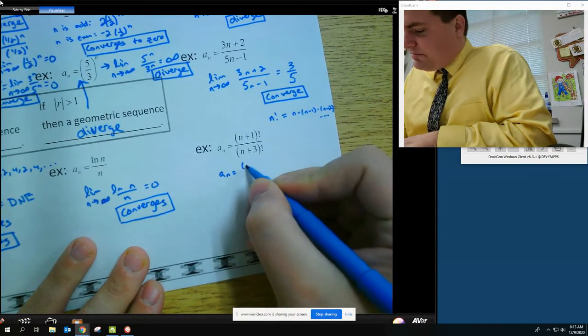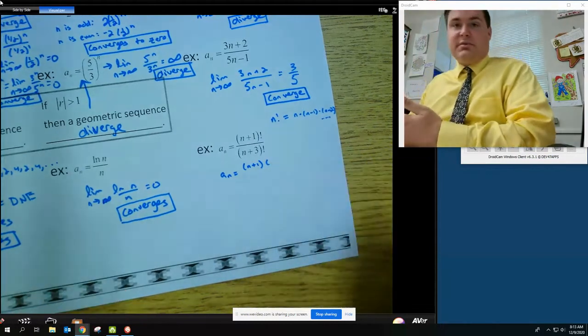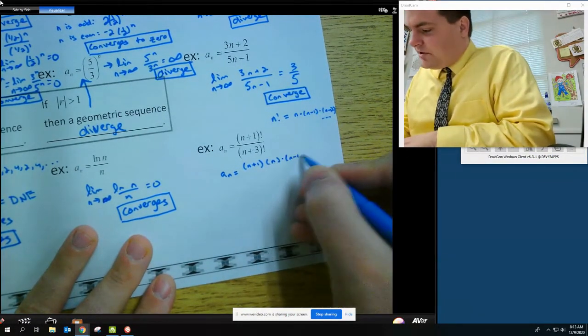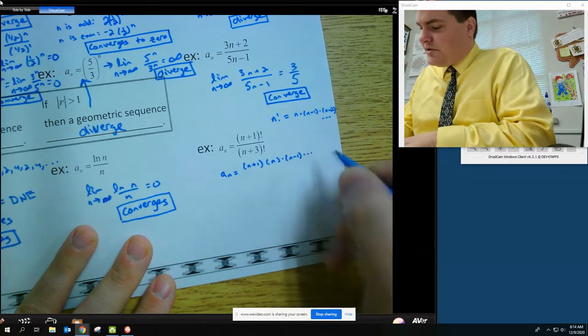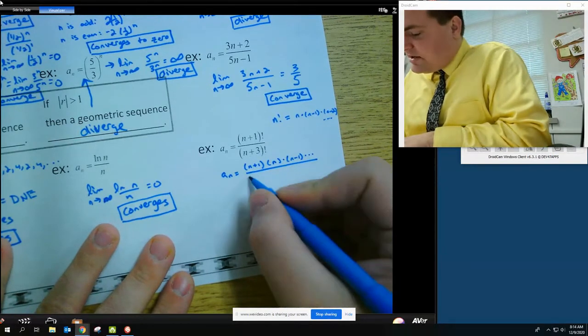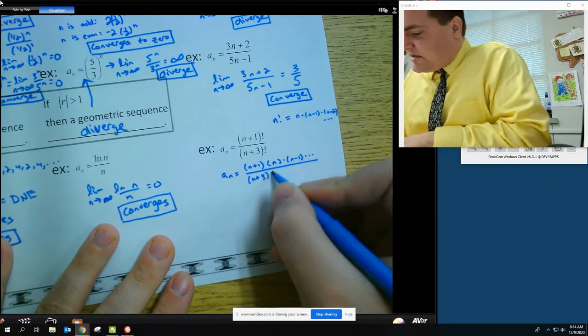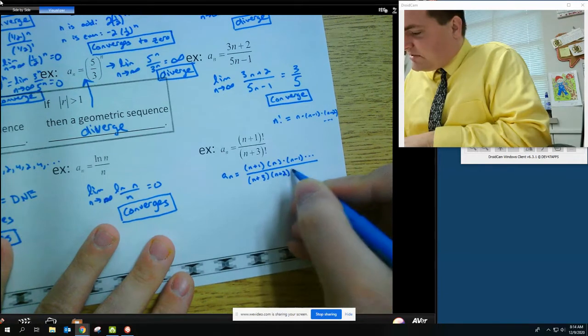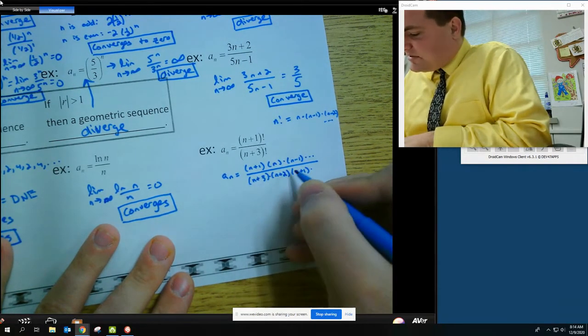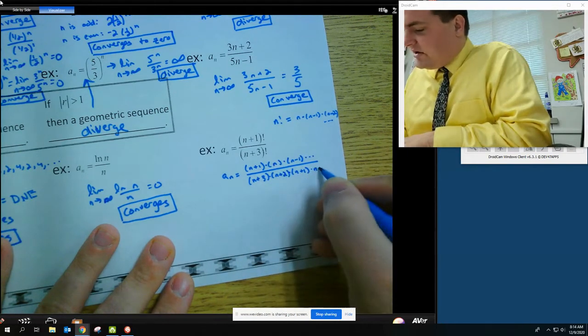So this is n plus 1 times what's lower than n plus 1, which is n, times n minus 1, times, and then just get that pattern going. And then this is going to be n plus 3 times n plus 2 times n plus 1 times n, and you get the idea right there.